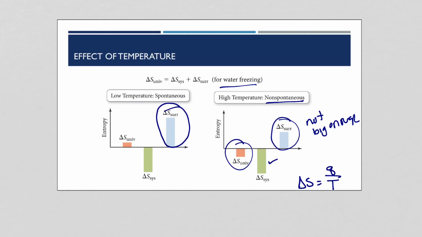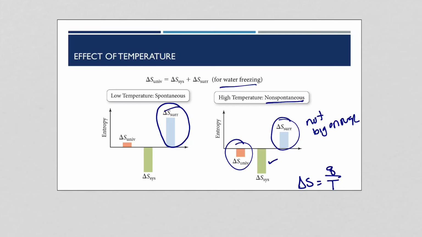But generally we can say that the change in entropy is going to be dependent on temperature, right? We can see that temperature dependency here. So in this case, at higher temperatures, this entropy change is not enough to cause the overall process to be spontaneous.